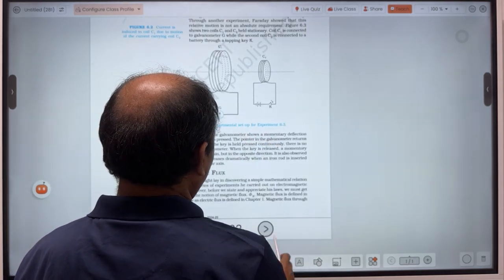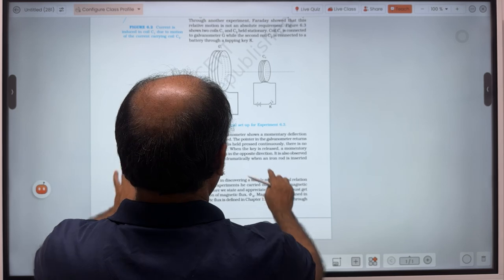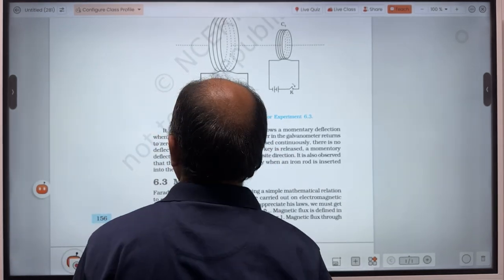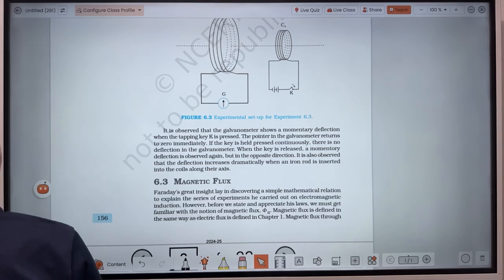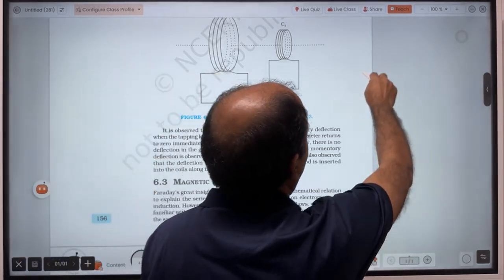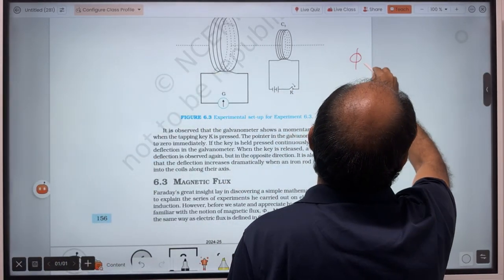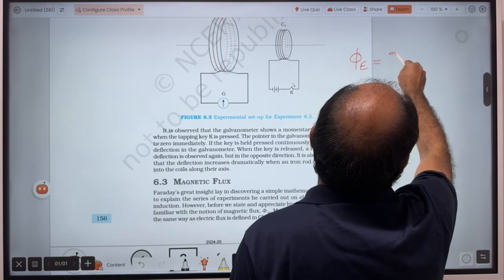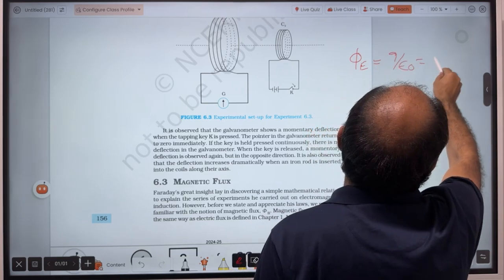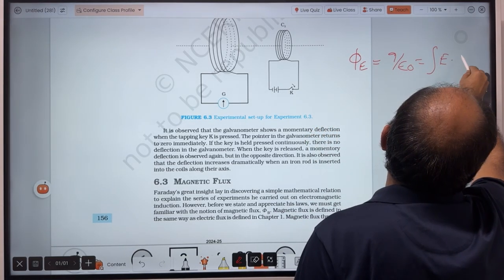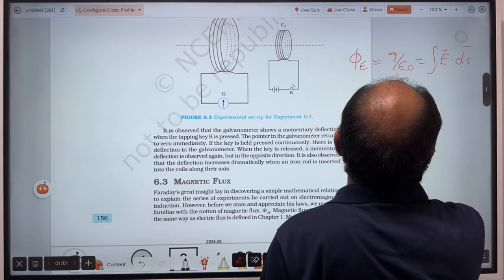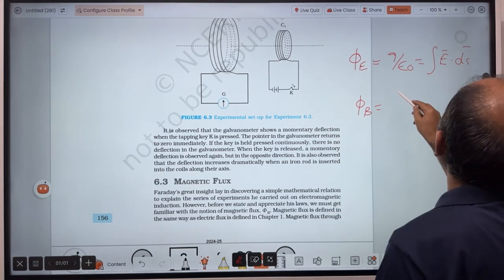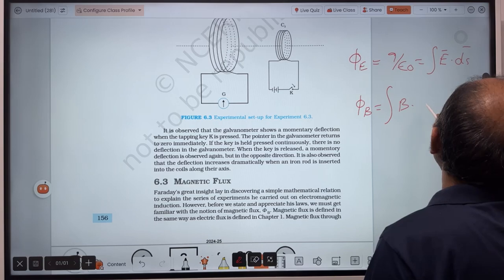Now we are going to talk about magnetic flux. What is magnetic flux? Magnetic flux means the number of field lines. As we have studied in case of electric flux, phi E equal to Q upon epsilon naught, which is also integration E dot ds. In the same way, here we write it as phi B equal to integration B dot ds.